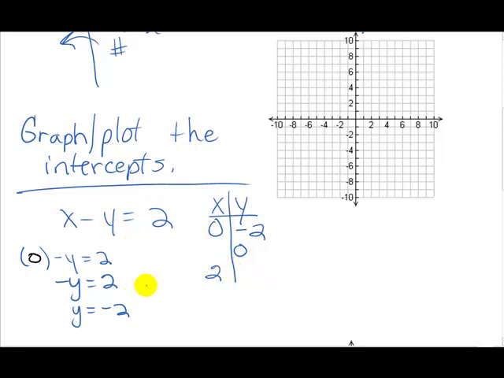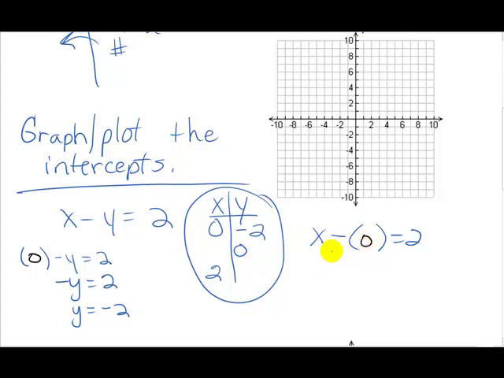We'll do our equation 3 more times because we want to finish filling this out. This time I'm going to go with x minus y equals 2, and I'm going to put the 0 in here. And then x minus 0 would give us x, and so x would be 2.